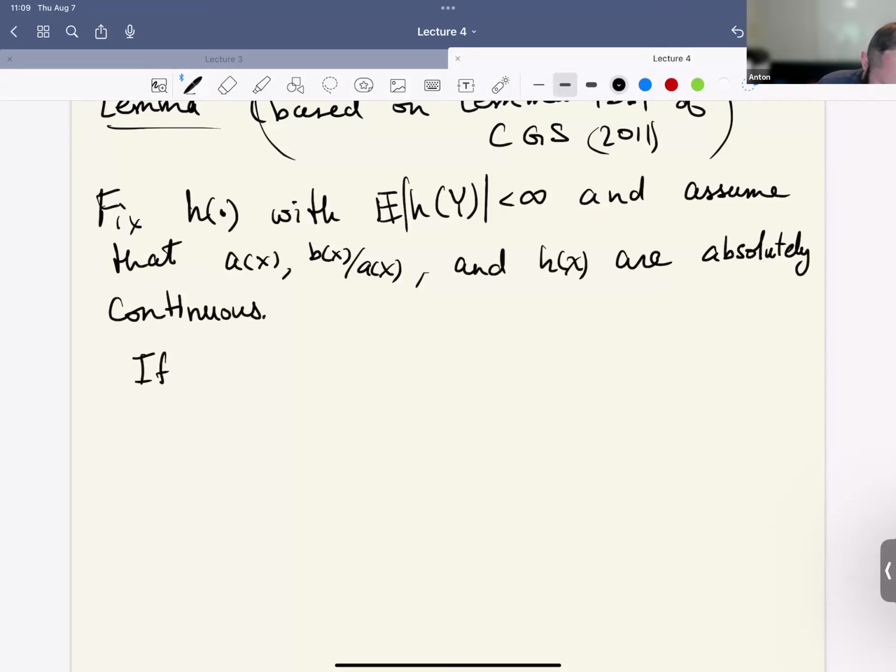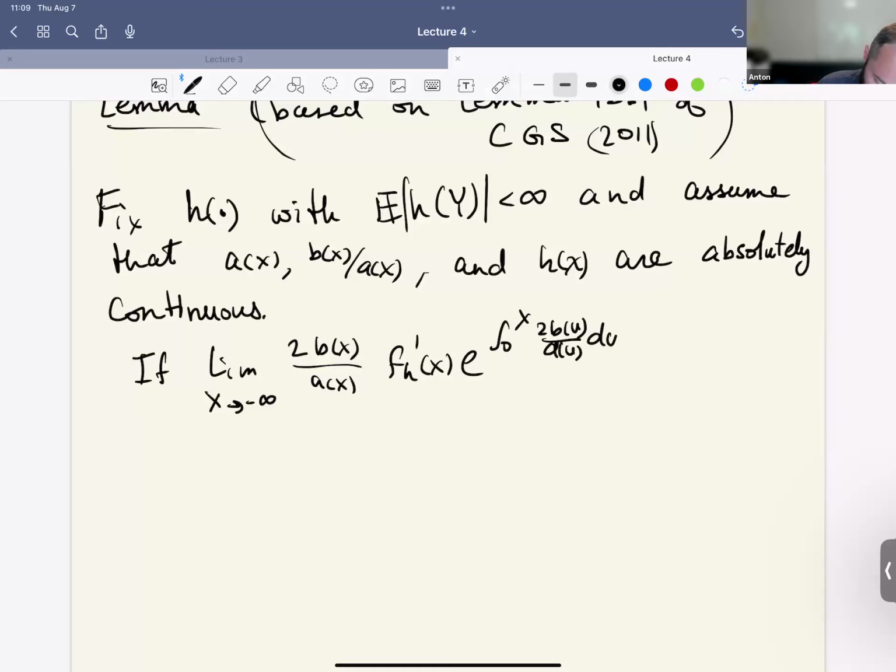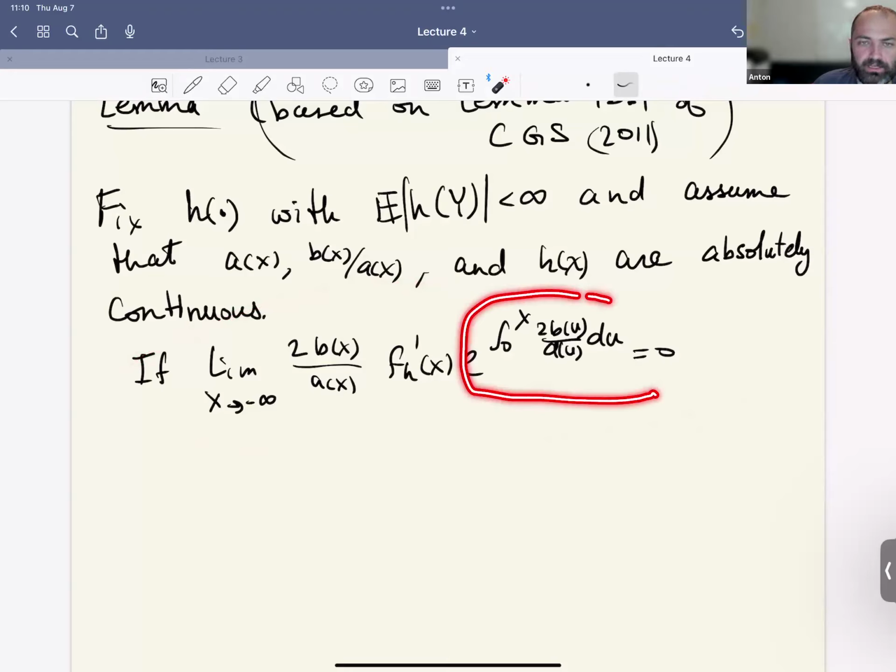If the limit as x tends to negative infinity of this term is 0, this is a super technical condition, it's just a statement about the rate of decay in the tails.